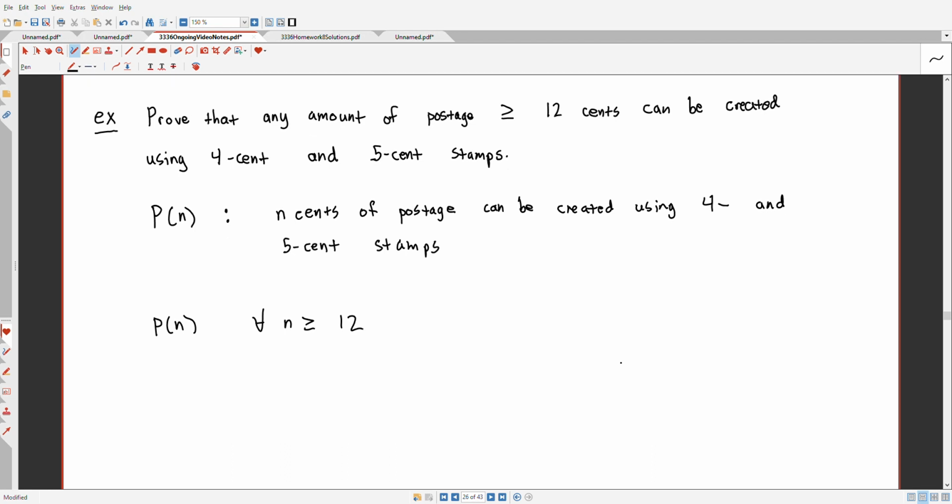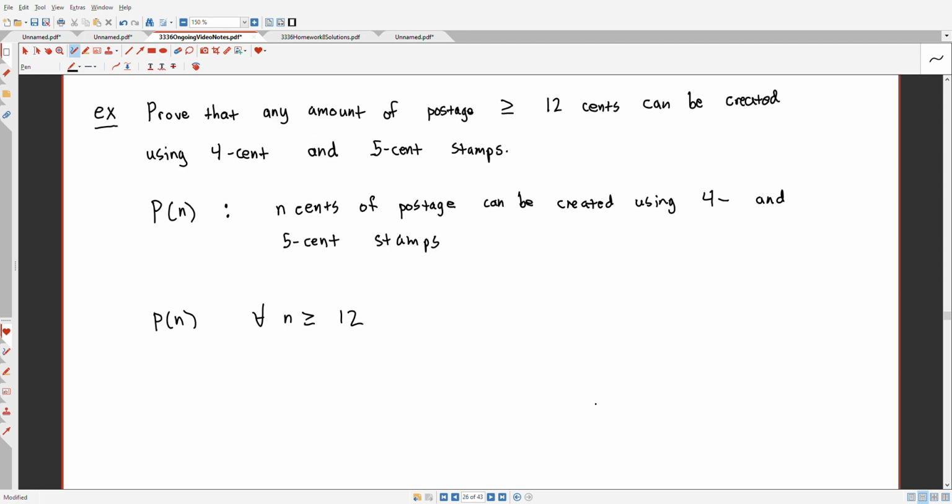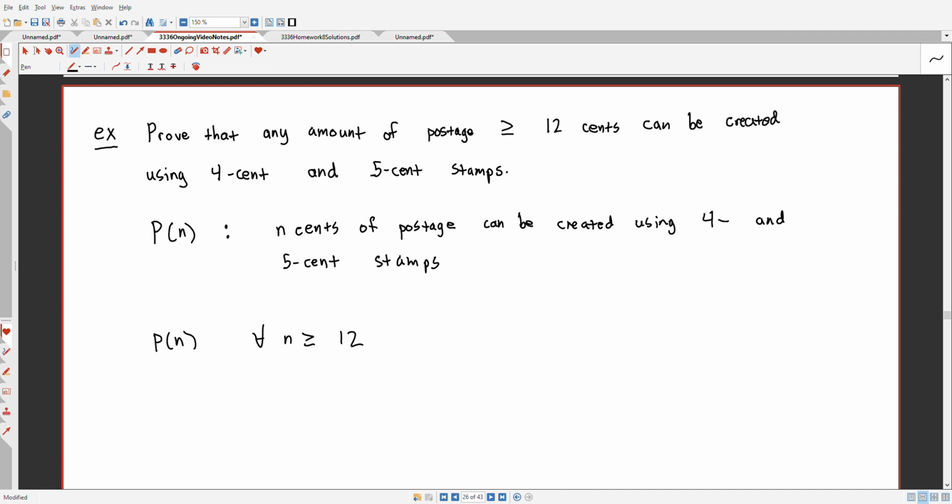Okay, so by the way, there are other values that you can get. Maybe I should comment on this in a different color, like in purple. This isn't saying these are the only ones you can get, but it does say that you can definitely get all of these. But you can also get 8 cents of postage by using 2 4-cent stamps.